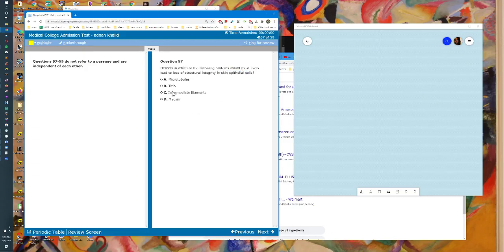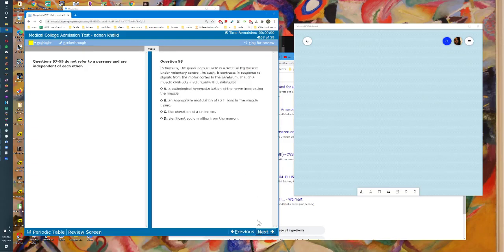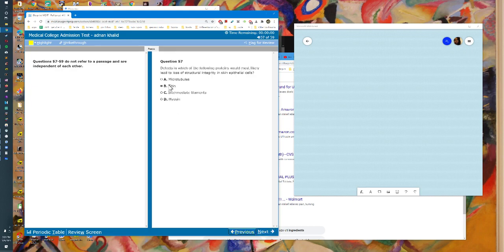Skin. Titin's responsible for, wait, that's for cartilage though. Immediate myosin. Structural integrity of skin epithelial cells. Well, this is the same thing as myosin.